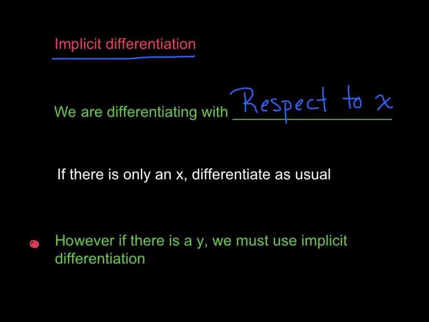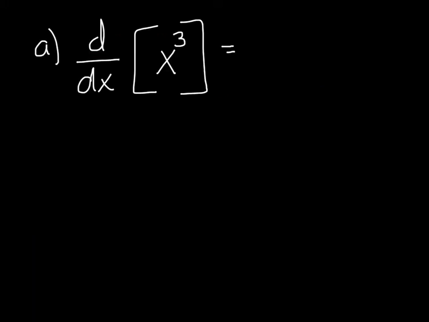However, if there's a y, we need to use implicit differentiation. So watch our notation here. This is saying take the derivative with respect to x. So let's mark that in our notebook. Right here is telling us take the derivative with respect to x.